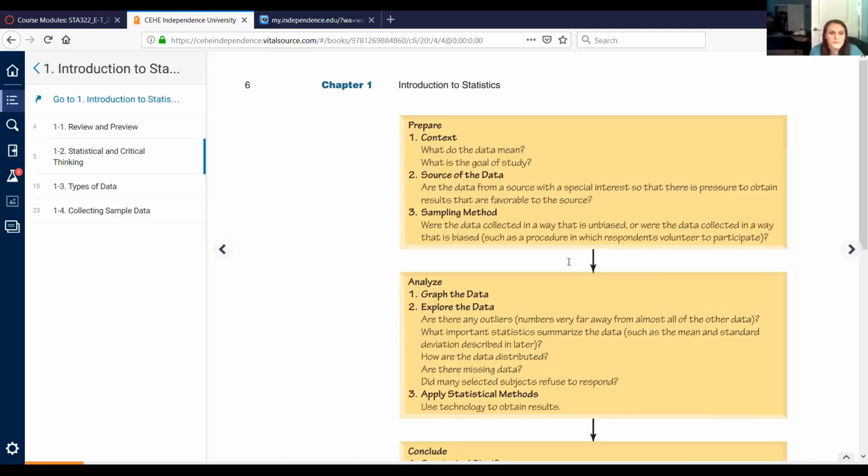This is called the sampling method. We want to collect them in a way that's unbiased. One of the things that you'll see in any statistical study that is being properly presented is how did we choose our participants?